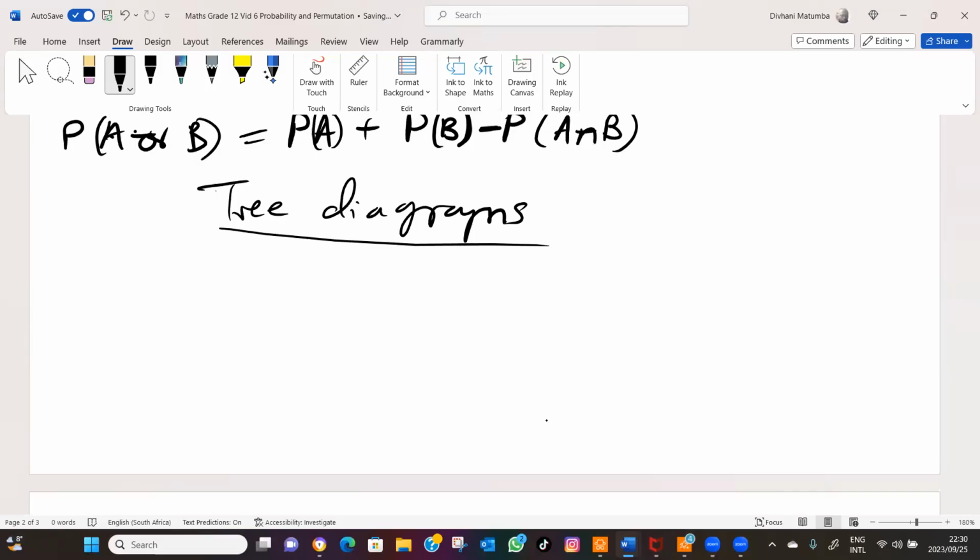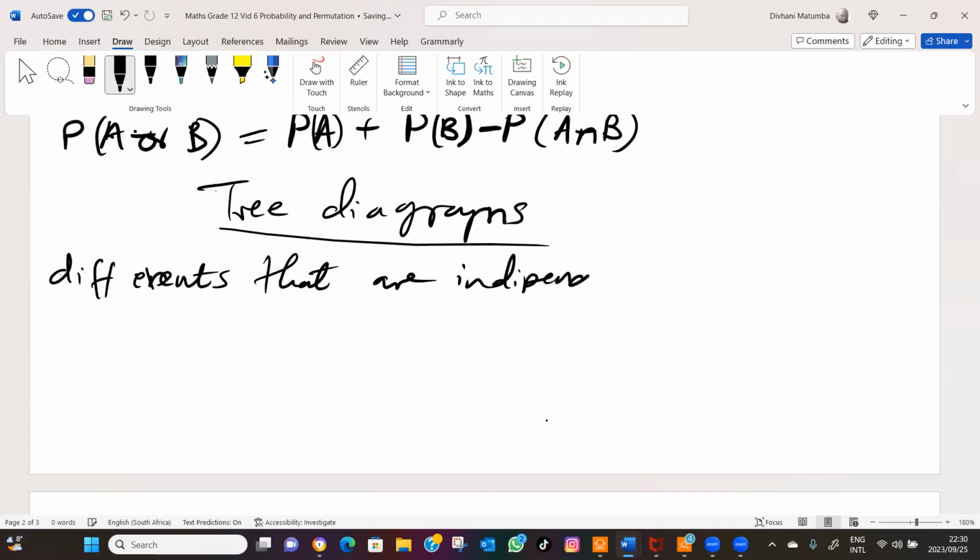Now with the tree diagram, let's say for instance we have different events that are independent. We will have, for instance, a coin toss.